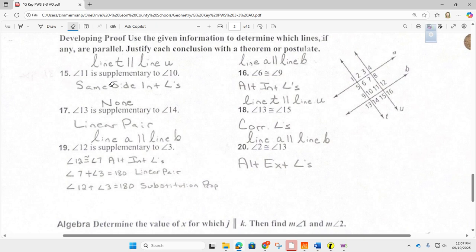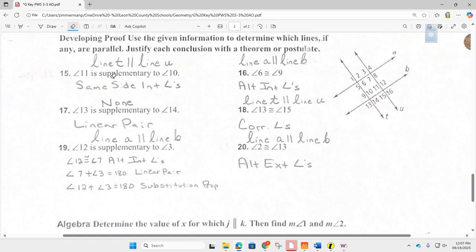So you're supposed to tell which pairs of angles can be used to prove that particular lines are parallel. For example, 15 says you're starting with the angle. These two angles are supplementary.